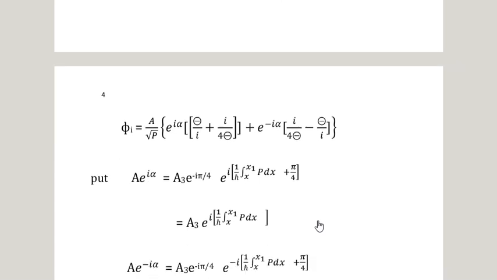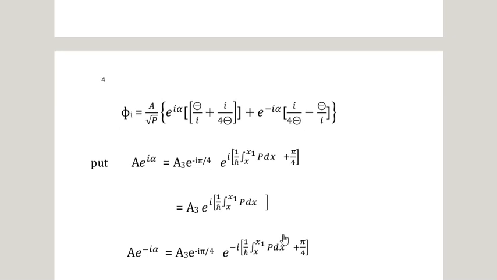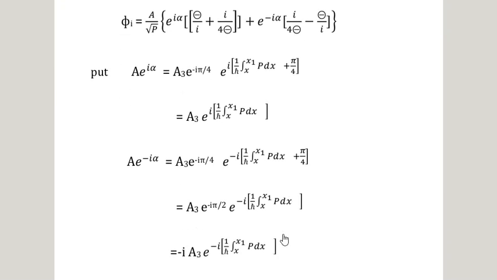Now put a e to the power I alpha equal to a3 e to the power minus I pi by 4, and put this value of e to the power I alpha. This equation becomes this, and a e to the power minus I alpha becomes this.